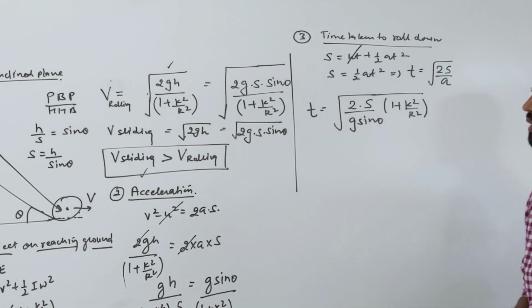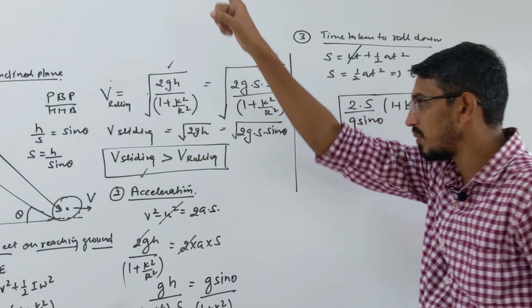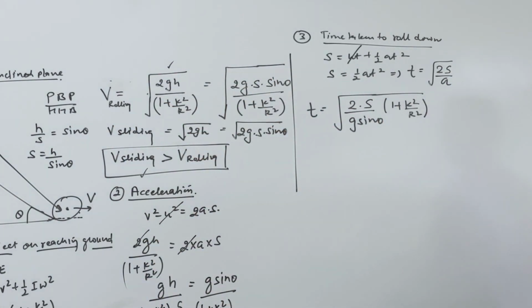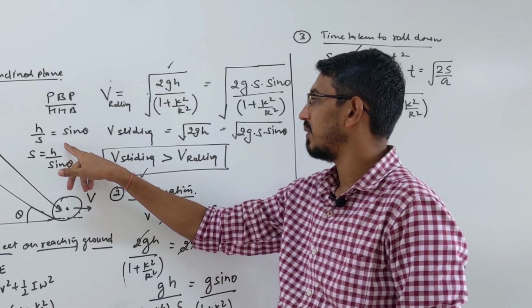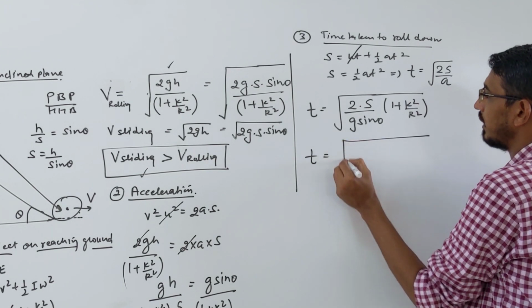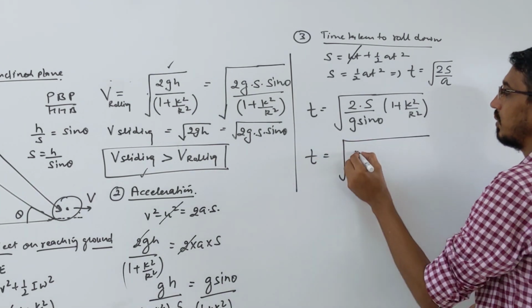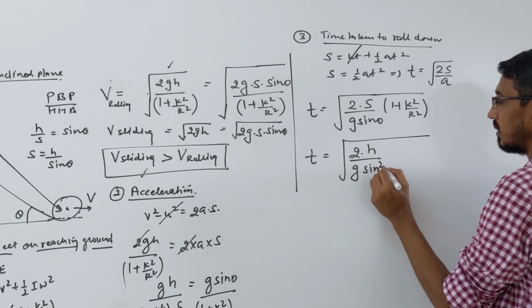So this is in terms of the slant height. As you generally want to write in terms of height, we have to replace s as h by sin theta. So you get time is equal to 2h by g sin theta square.